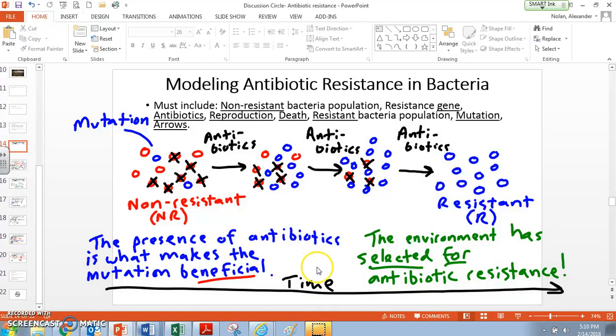Our antibiotics set up this environment in which this mutation, which already was there, is beneficial. This random change in a gene, until there were antibiotics, it didn't mean anything to the bacteria. As soon as you add antibiotics, a lot of those non-resistant bacteria die, and the resistant ones reproduce faster. So really now in this situation, the resistant gene is better than the non-resistant gene.